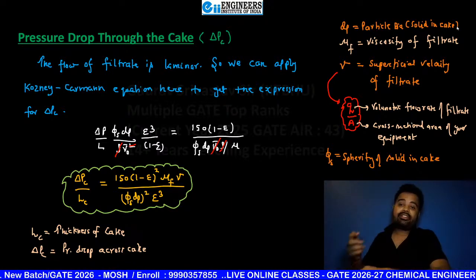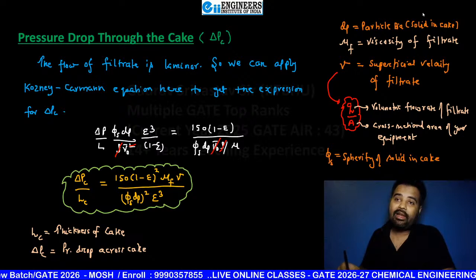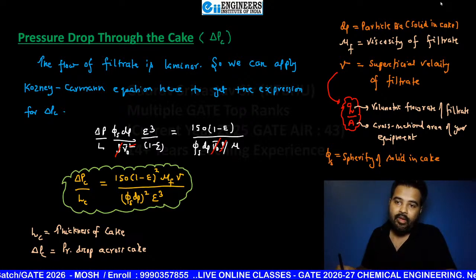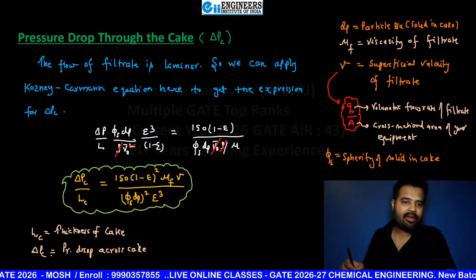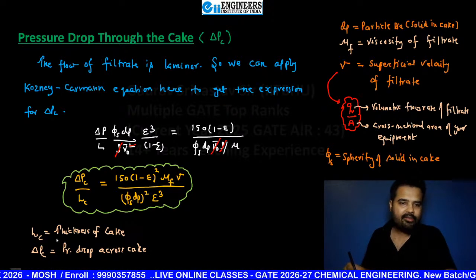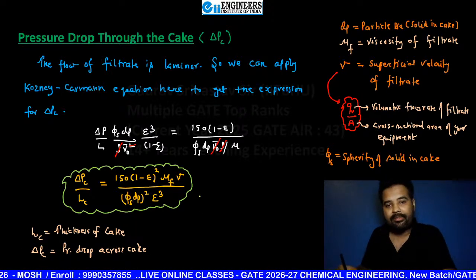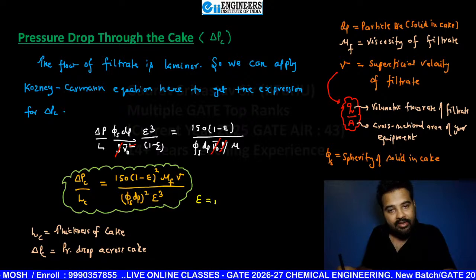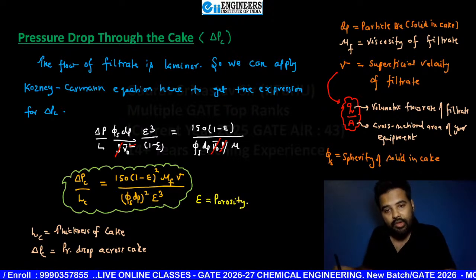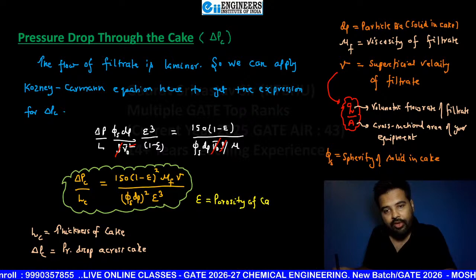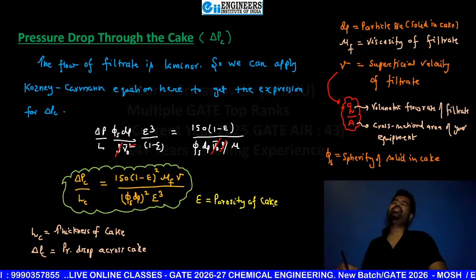Now only one thing is left, that is 1 minus epsilon or epsilon. So what is epsilon here? Epsilon kya hai yahan? It is the most important part here. So beta, epsilon is porosity of cake. What does it mean?